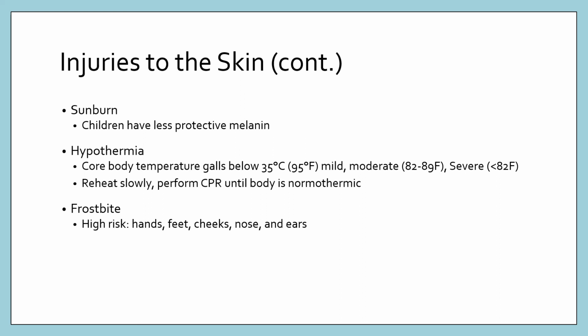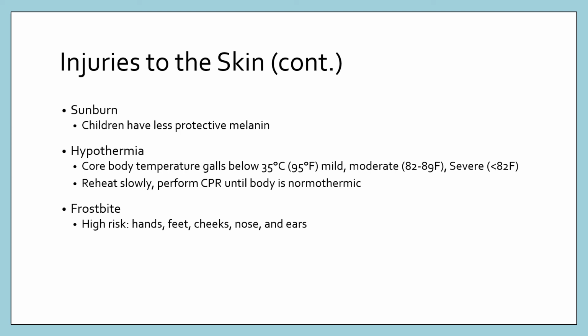Of course that affects your ability to attract oxygen molecules to your blood, and so what happens is you die of hypoxia because you can't oxygenate your blood when your body's that temperature. The treatment is to reheat the body slowly, so you don't just plunge a child like this into warm water. They have to be reheated very slowly.